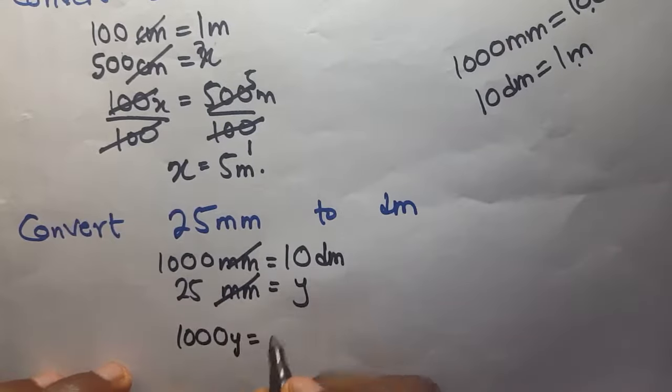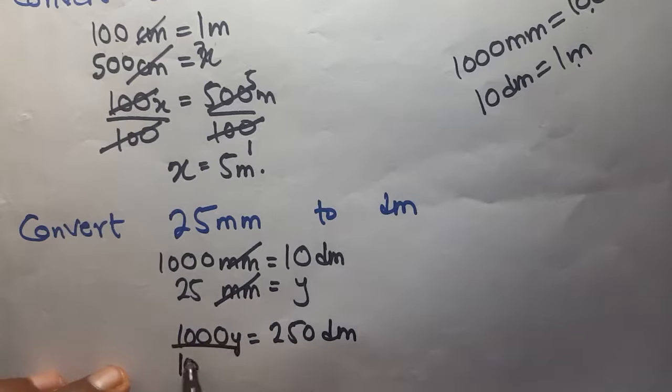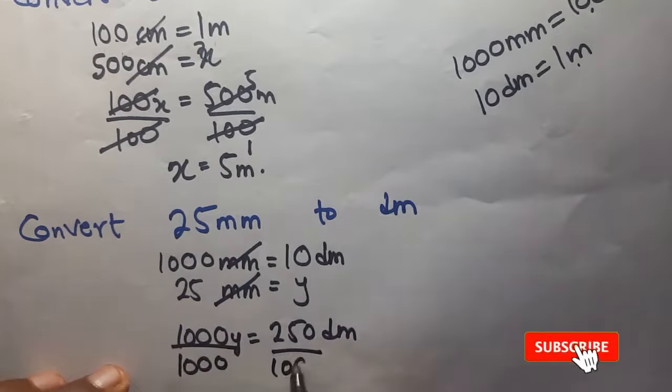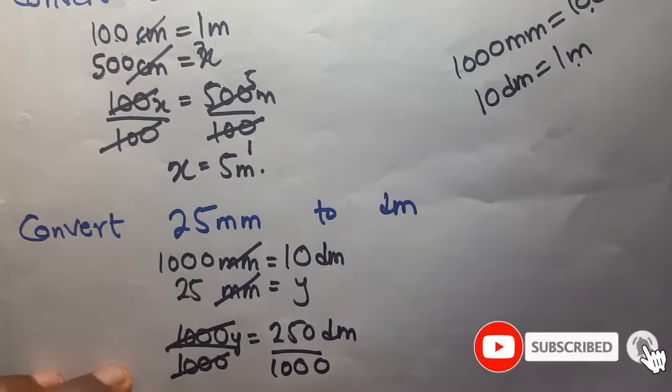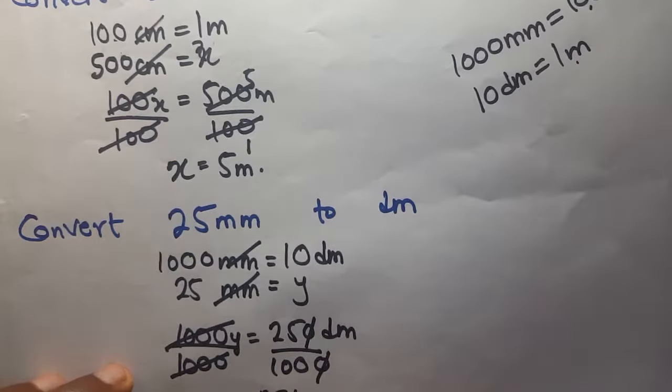1000y equals 250 decimeters. Divide both sides by 1000 because we want the value for y. 1000 cancels 1000. We have y equals 250 over 1000, the 0 cancels 0, then we have 25 over 100. Now we move the point twice, 1, 2, so you're going to have 0.25 decimeters.